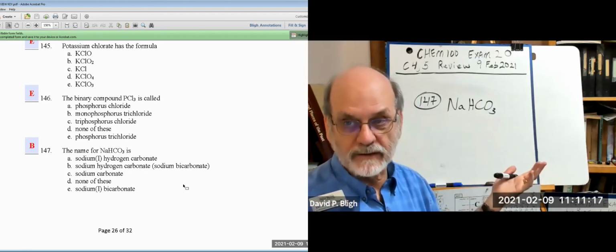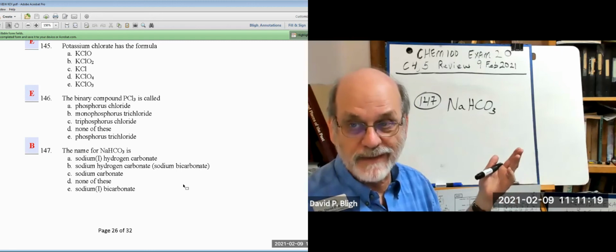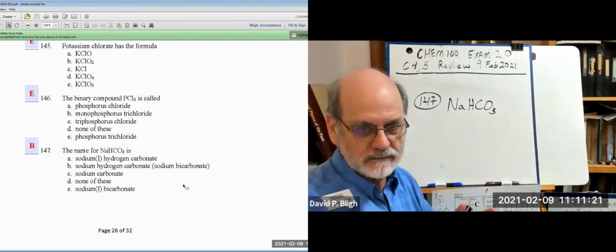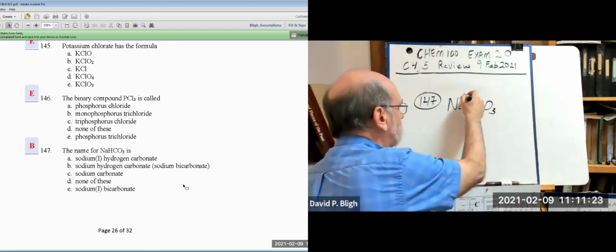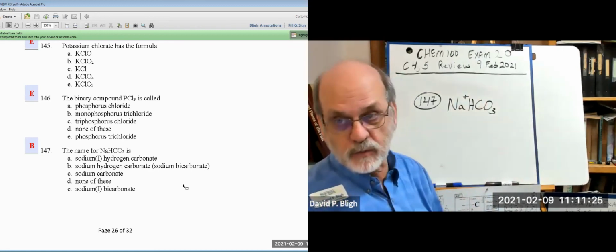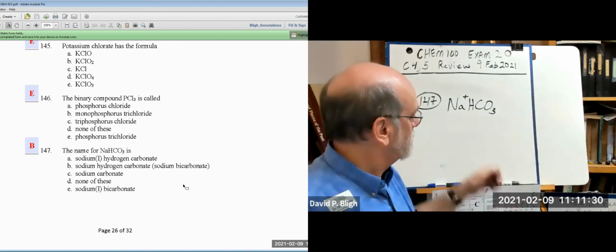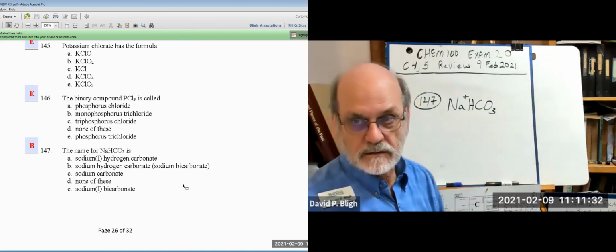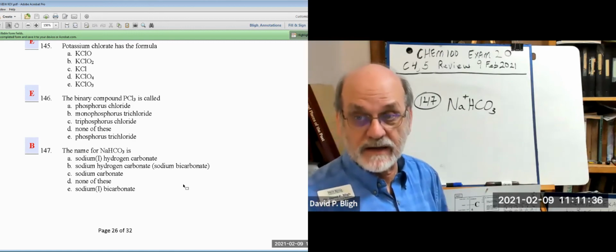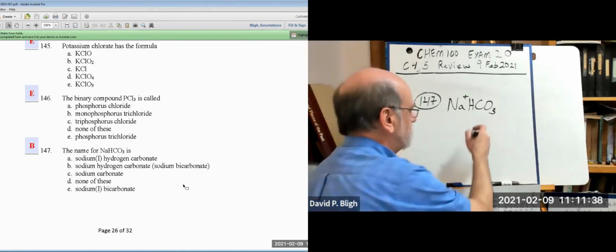Yeah, type 1 compound. Sodium is from the alkali metals, always has a +1 charge. But we don't have to say +1. We don't have to say the charge in the name because it's a type 1. What's this? HCO3? It's a polyatomic, so look it up.